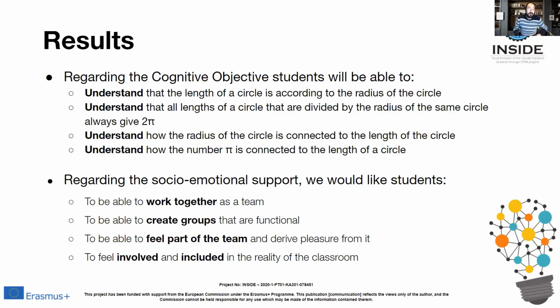And we want all students to feel comfortable working with others in an inclusion education. We want everybody to feel involved and included, not only in the classroom, but in society.